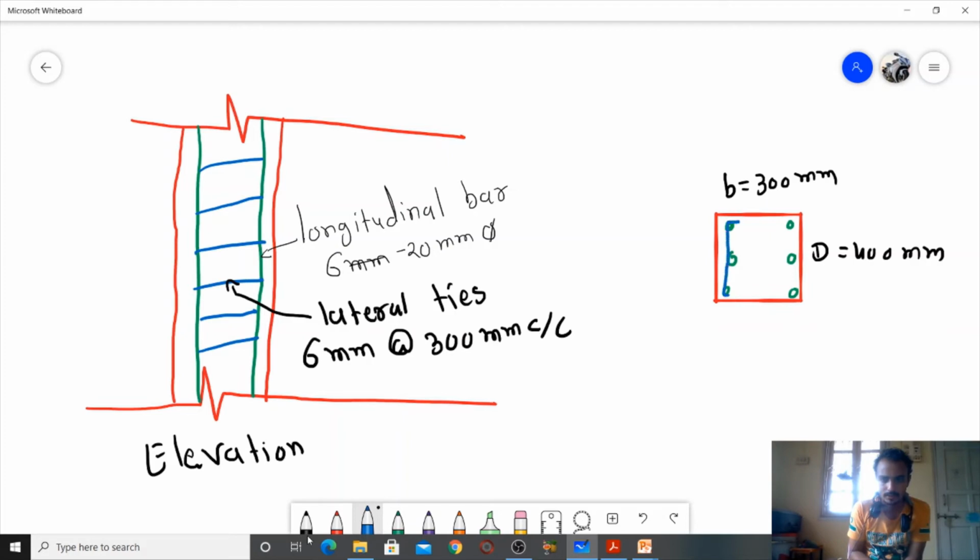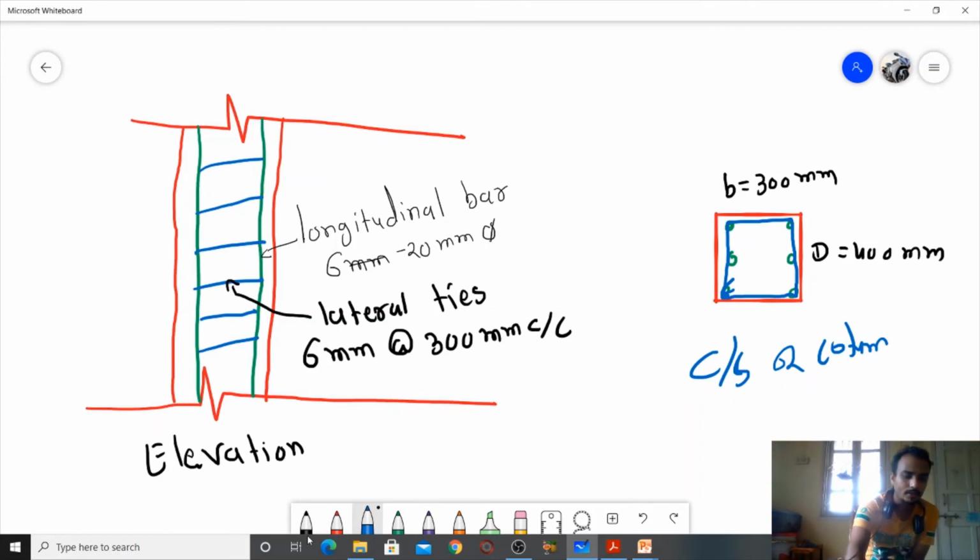Now here are the stirrups. Okay, so here is the cross section of the column. So our column design is completed. First, analysis of column. Now we are going to the second example.